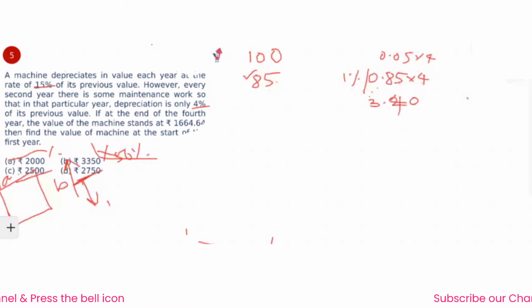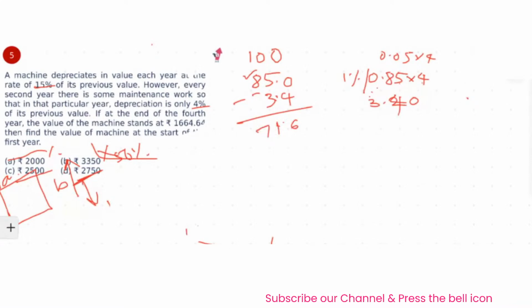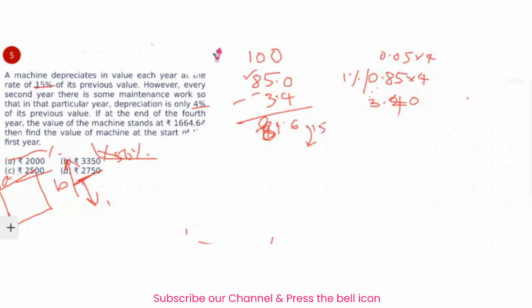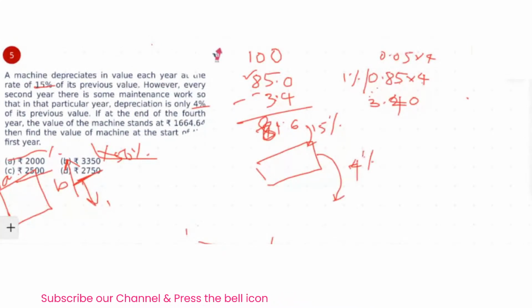So 85 minus 3.4, I get the value somewhere around 81 point something. So this is for the first year. For the second year, again I'm going to reduce it by 15%, and whatever the answer, I'm going to reduce this value further by 4%, because they're talking about depreciation.